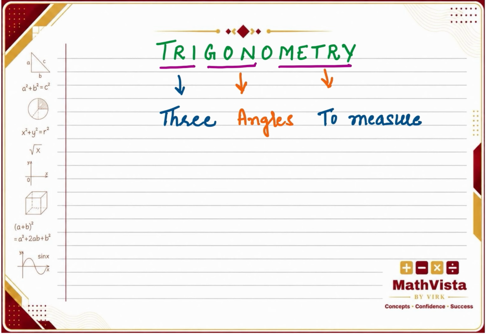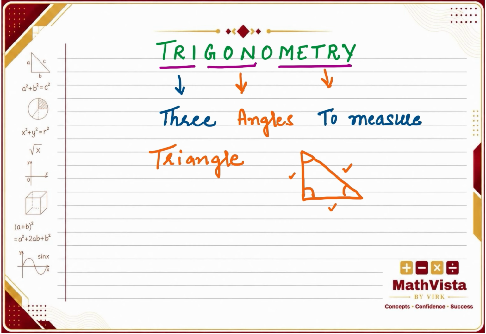And where do we find triangles? Obviously in a triangle, right? In simple terms, trigonometry helps us to understand the relationship between the angles and the sides of a triangle.